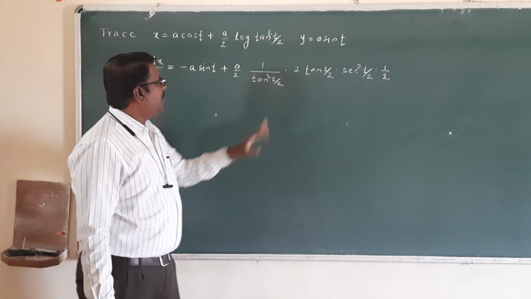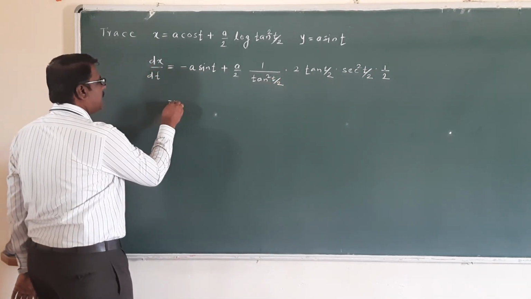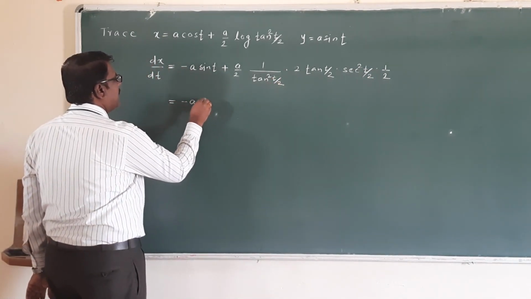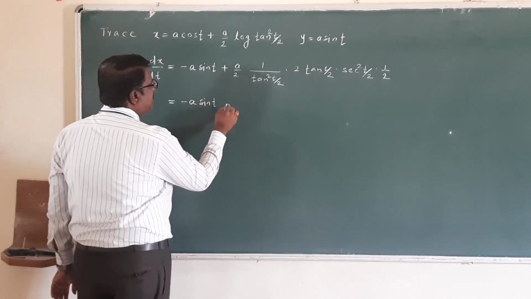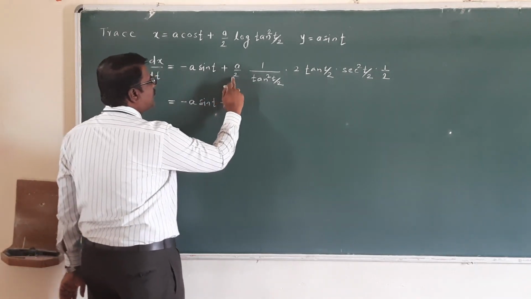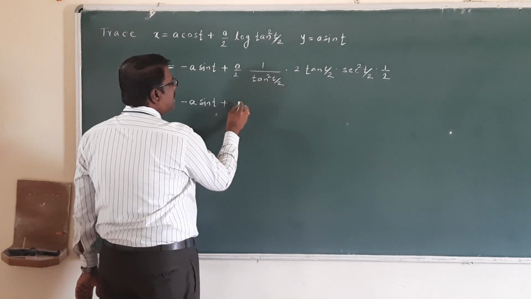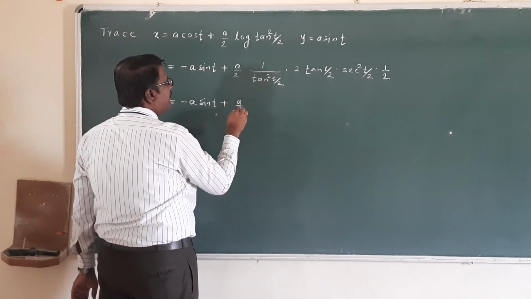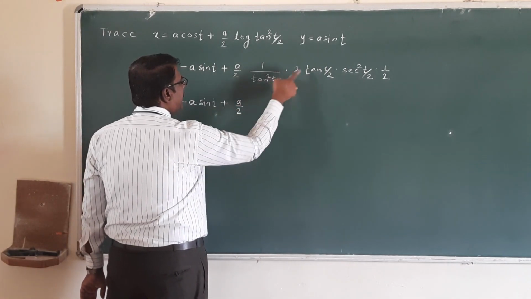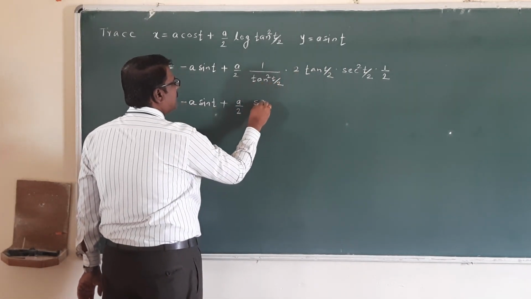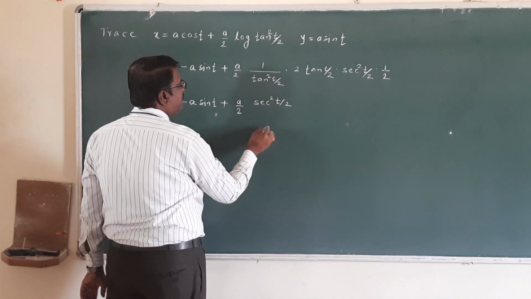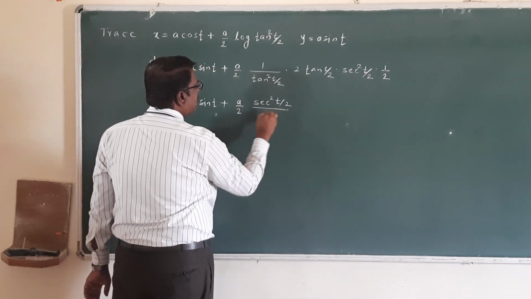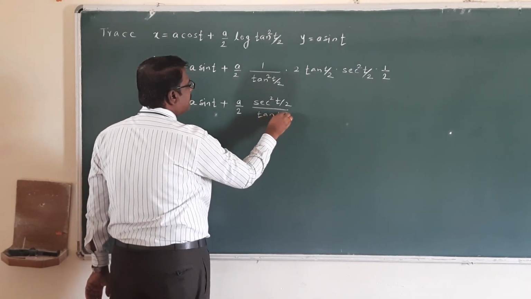Now when we simplify this, we will get minus a sin t plus, now here these 2 and these 2 will get cancelled. So here it is again 1 more half. So a by 2 and then 1 tan t by 2 will get cancelled. So sec square t by 2 divided by tan t by 2.